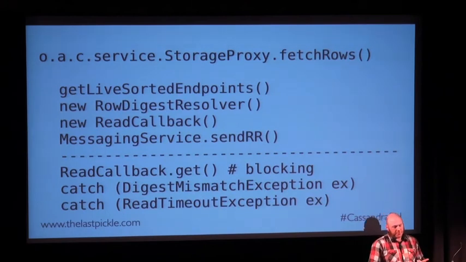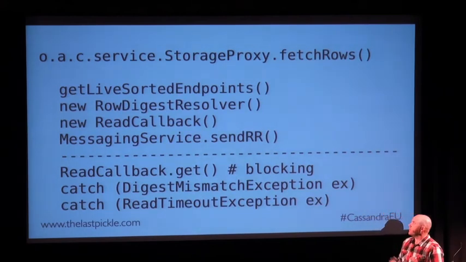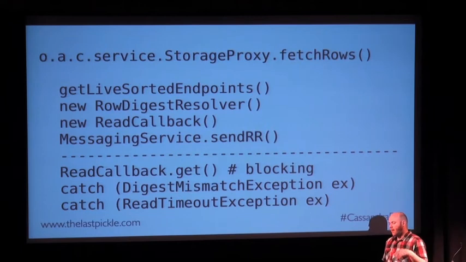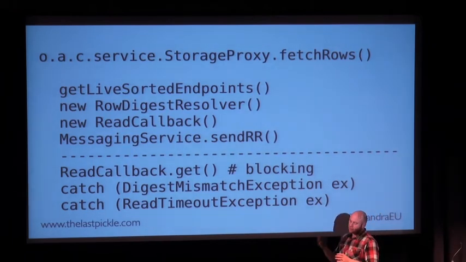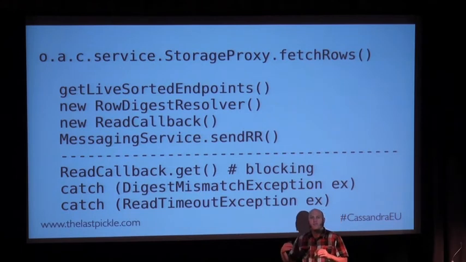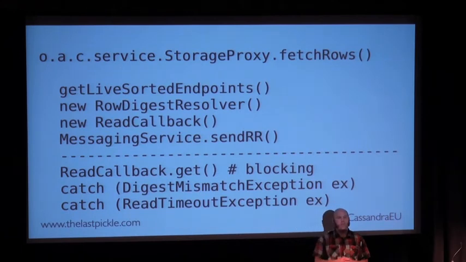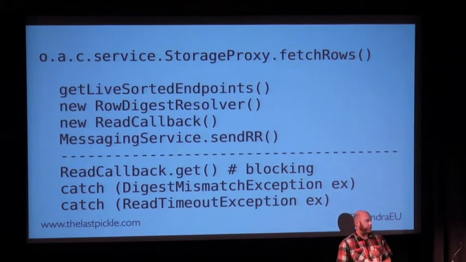This comes together in a function called fetchRows on the StorageProxy. We hand in a list of read commands, and we iterate through them. For each read command, we get a list of the live sorted endpoints. Sorted means that the ones that are closest according to rack and data center awareness are at the start, and they're the ones that we're going to ask to get the data back.